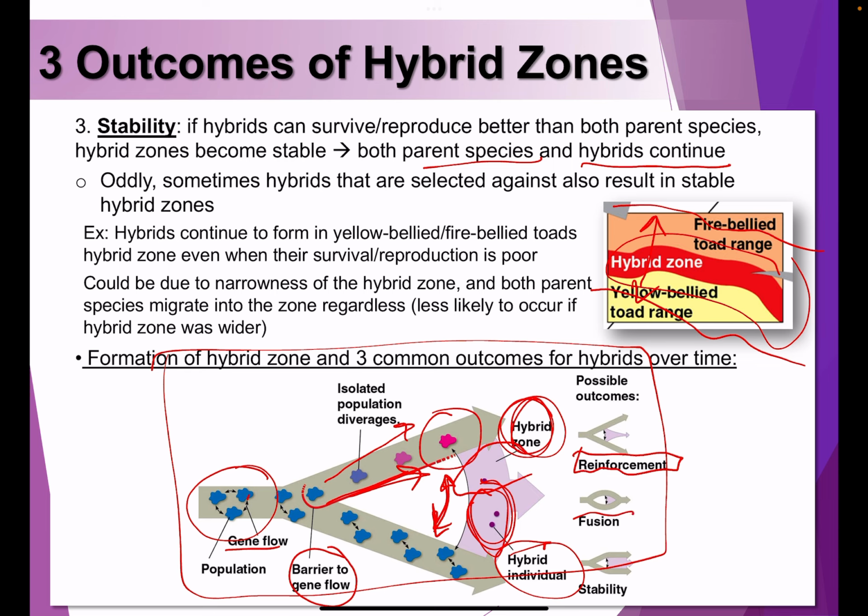Or fusion can happen, where these two species will actually fuse and become one species. Third is stability, where hybrids will continue to be produced regardless of whether they're selected for or against. They won't fuse together. They won't reinforce so that hybrids disappear. They will coexist as three species, where you have the hybrids and the two parent species. Okay? That's what stability is.